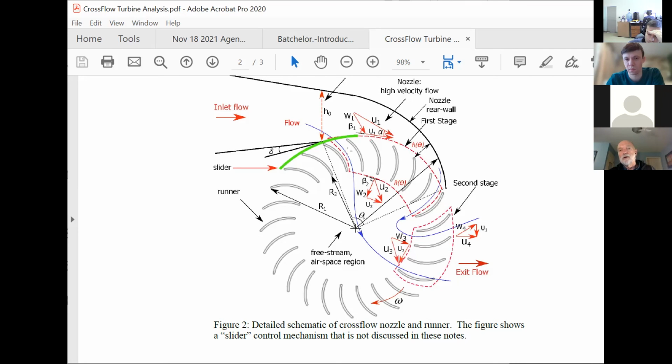Interestingly enough, for the Crossflow turbine, we never found any cavitation in the inlet flow, in the first, what we call the first stage. The cavitation that occurred was always at the entry to the exit flow. And interestingly enough, it always occurred around the point of maximum efficiency.